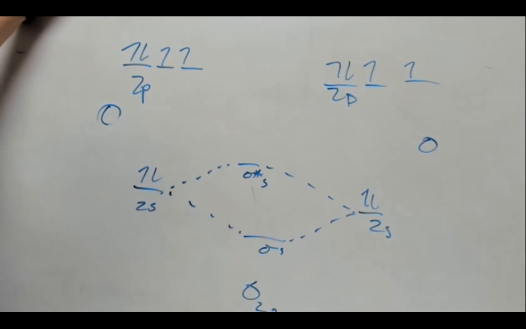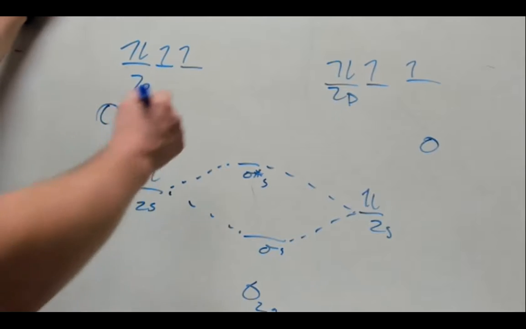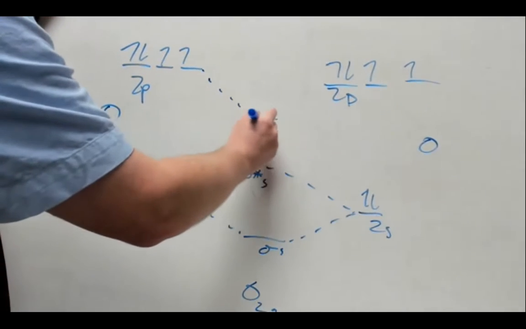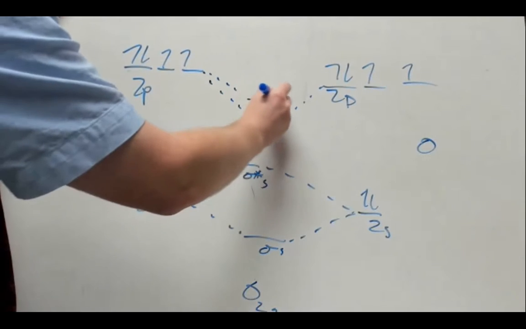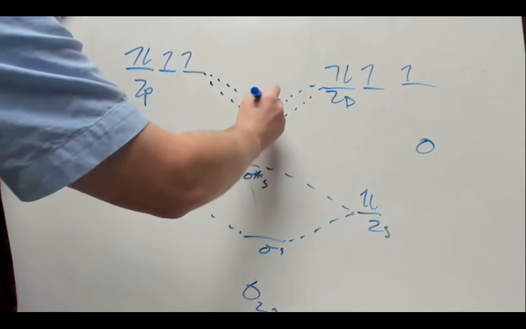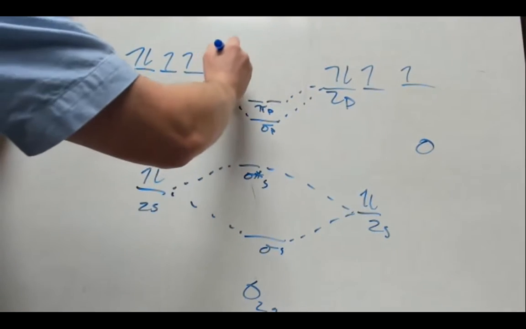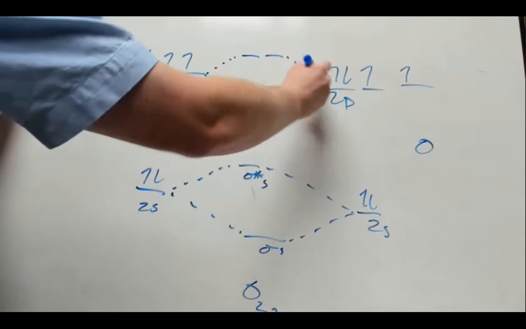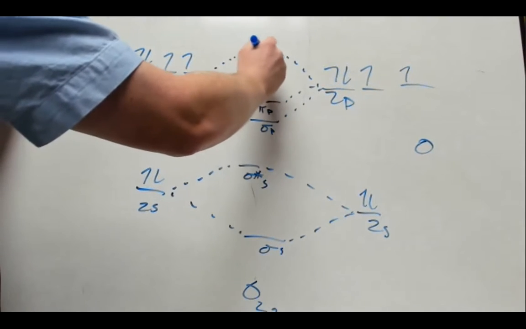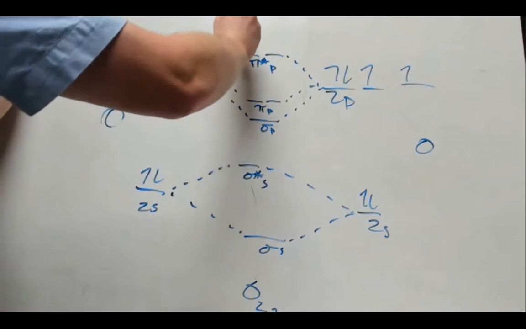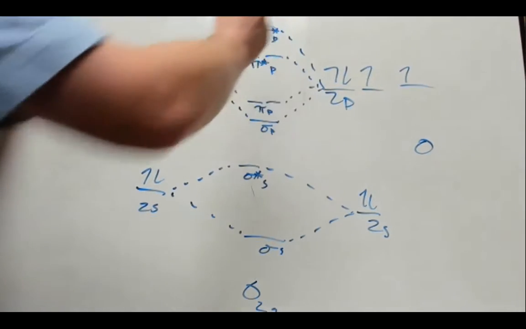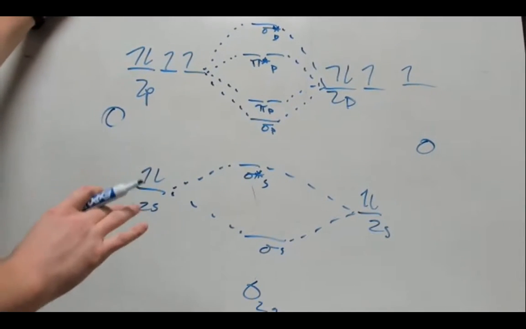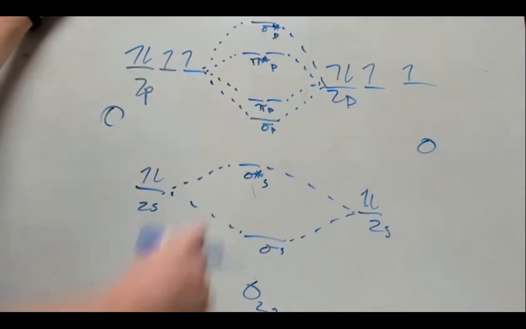Now we have a sigma p. These are known as pi p. This is pi star, because those are antibonding. Sigma star p. So it's the same layout, we're just adding a little more because we have more things to add.